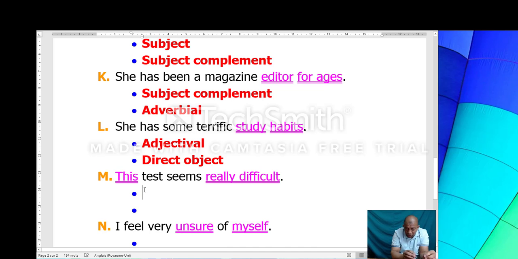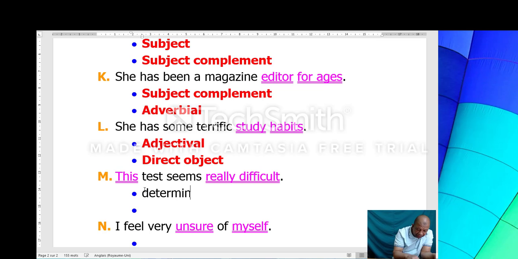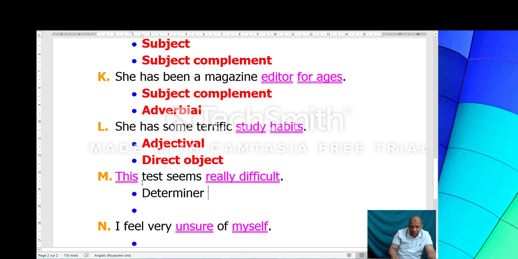So this is a demonstrative adjective in nature, but in function it is determiner. So all demonstrative adjectives in function become determiners.